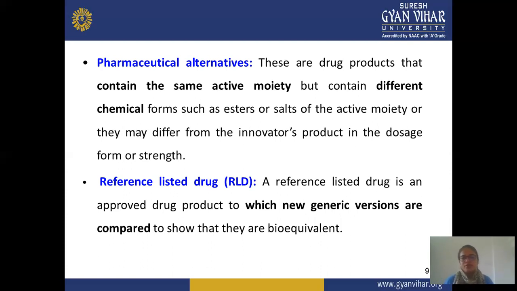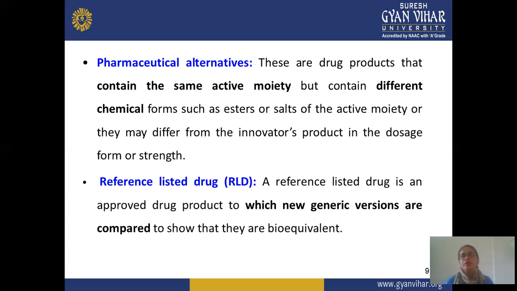Reference listed drug is a book in which all drugs are listed, and these books are standard, discovered or approved drugs. In this you can check which drugs are approved, according to the formulation requirements of a generic drug. A reference listed drug is an approved drug product to which new generic versions are compared to show that they are bioequivalent.